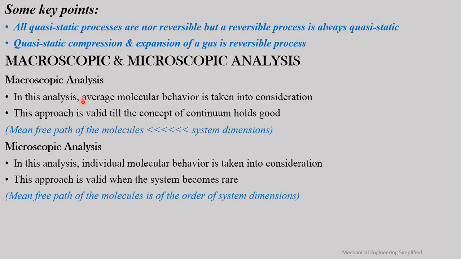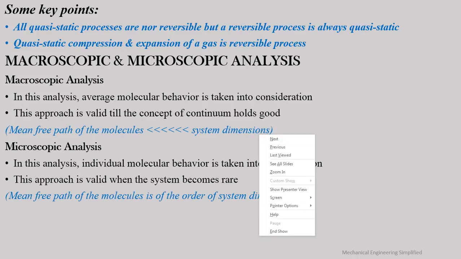We will not take the individual molecular behavior; we will consider the average molecular behavior, how the molecules are behaving on a whole, on an average basis. That is our main concern in macroscopic analysis. This approach is valid as long as the concept of continuum holds good. What is that? The mean free path of the molecules is very much less than the system dimensions.